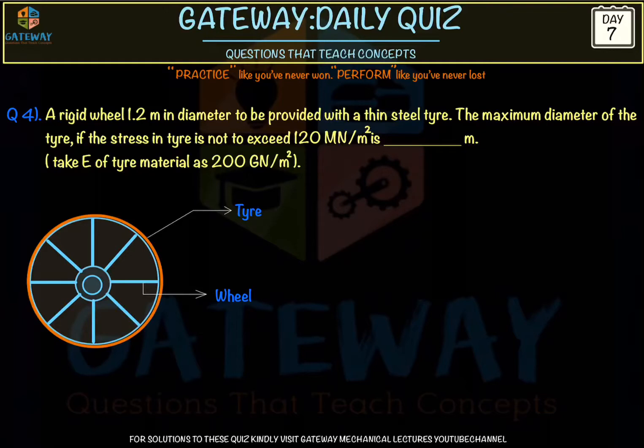So to safeguard that, what they used to do is take a metal ring having a diameter less than the wheel, and heat it. We know that once a metal ring is heated, it expands, so its diameter increases. Then they place it on the wheel.